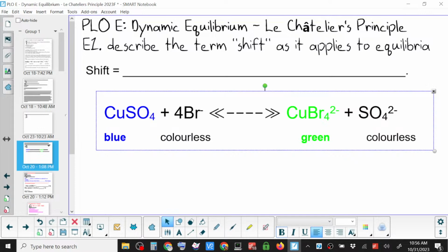So it won't produce pure COCl2 because it's in equilibrium. There will always be this and always be that. And it won't remain pure, because if they do obtain pure, it'll just become that.